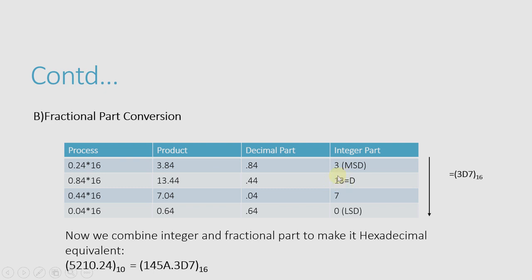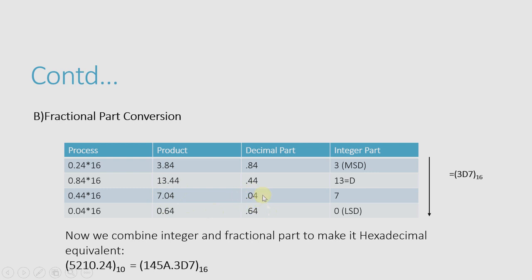But as we know that we cannot write 13, we just use the symbol D, because A is 10, B is 11, C is 12, and D is 13. So here D stands for 13. Again pick up the decimal part, 0.44 times 16, and get the product 7.04.